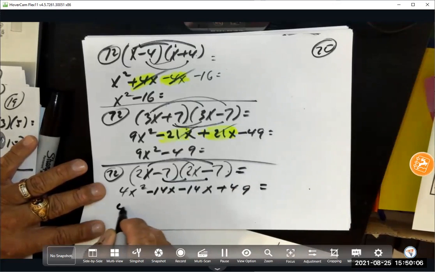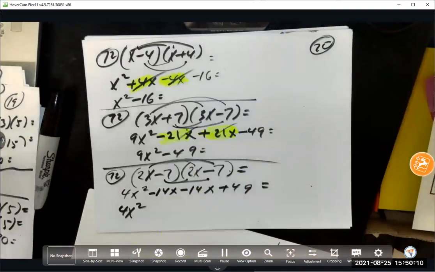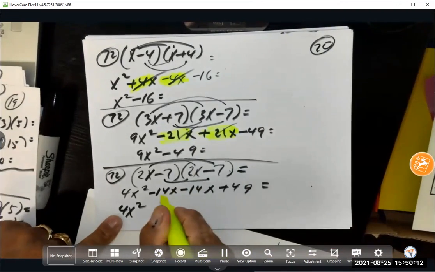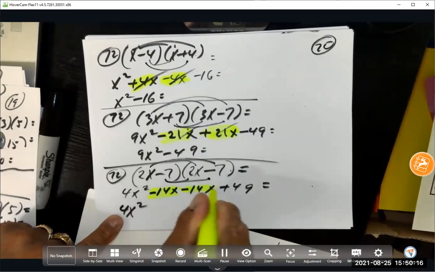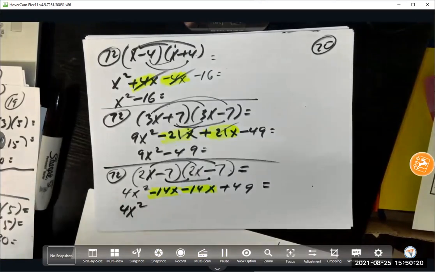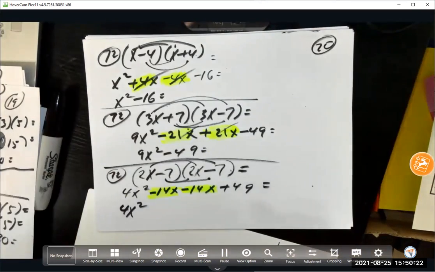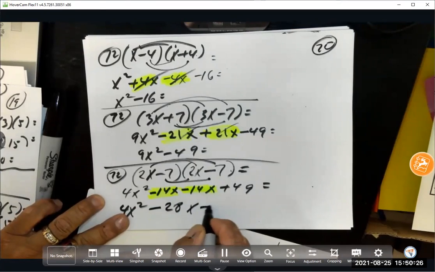So this one's going to be 4x squared. But wait, look at the middle ones. They didn't go away because your friend lost 14, then he lost another 14. So he lost 14, he didn't break even. What happened? Negative 28x. Yeah, this is negative 28x, and 49.